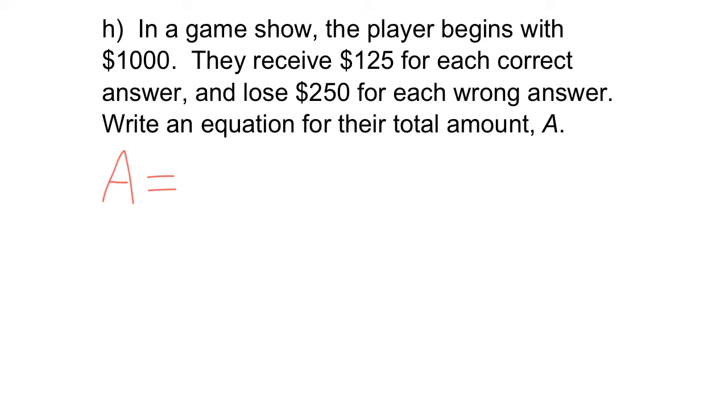How is their amount calculated? Well, they're starting with $1,000. So A equals $1,000. They receive $125 for each correct answer. So their amount is going to increase by $125 for each correct answer.